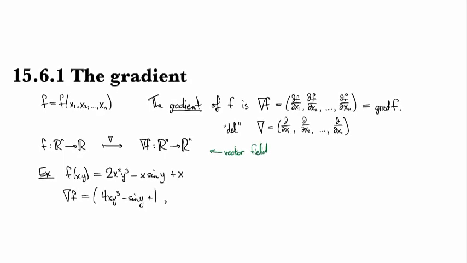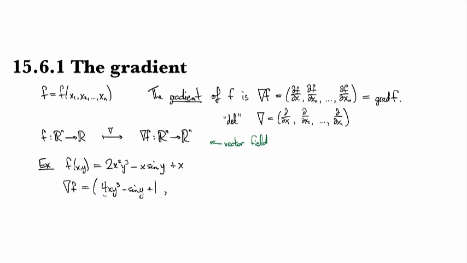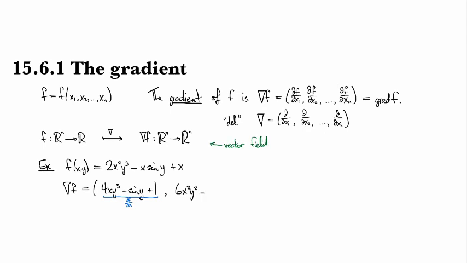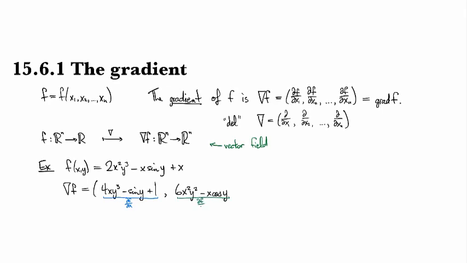So that was the partial of f with respect to x. And then I'm going to look at the partial of f with respect to y. So that'll give me 6x squared y squared minus x cosine y. So this one is df dy.